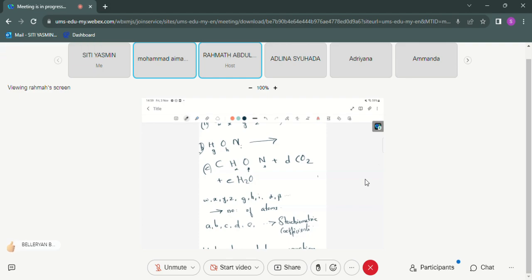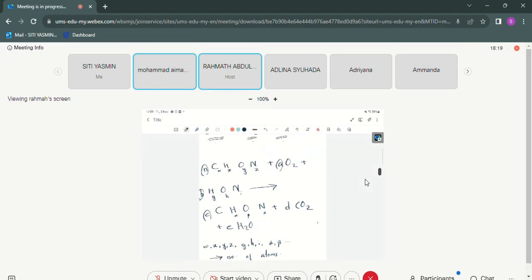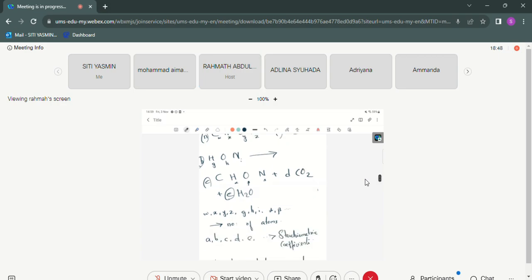Yes. Oh, not oxygen. I mean these are just the stoichiometric coefficients. You're talking about this one, Ken? Yes. Just this is just the stoichiometric coefficient. Oh, okay, doctor. Sorry. No problem. If it's not clear, you can ask me, okay?